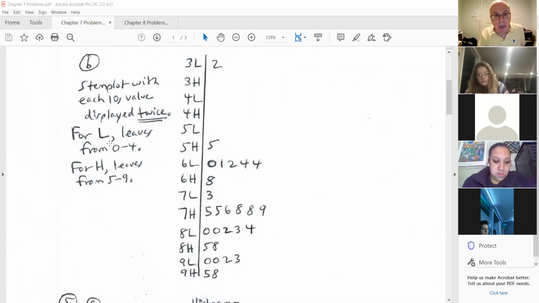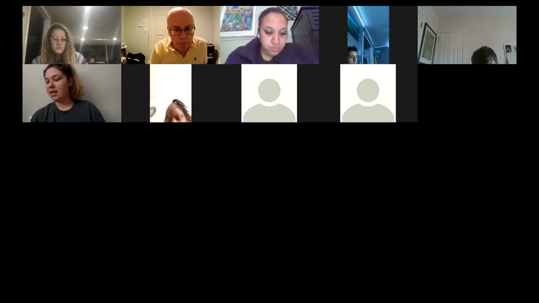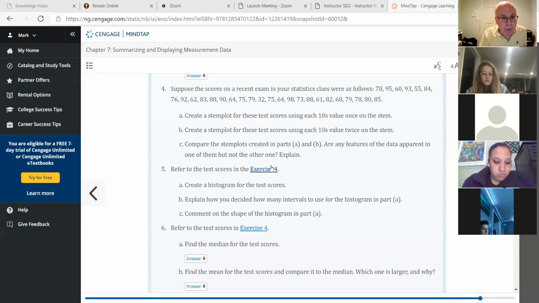All right. Now, the next question they were asking, part C, is to compare those 2 stem plots. Are any features of the data apparent in one of them, but not in the other?